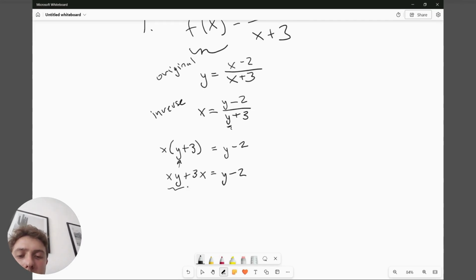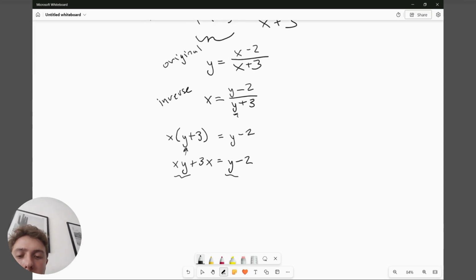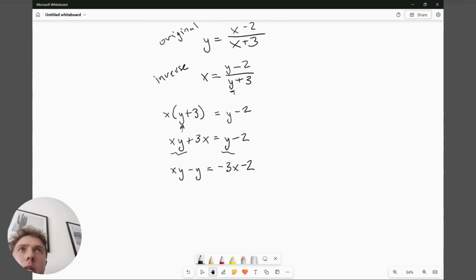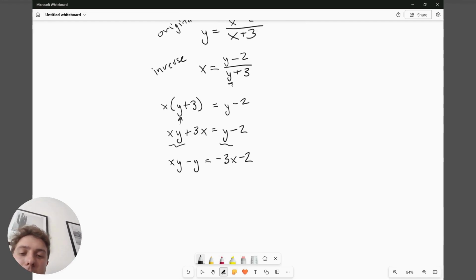Well, the next thing I notice is I have these different y's on two different sides. So I'm going to collect all of the y's on one side and all of the other terms on the other side, giving me now a function like this, xy minus y equals -3x minus 2. Well, the reason I would do that is now this left side has all of the different y's.